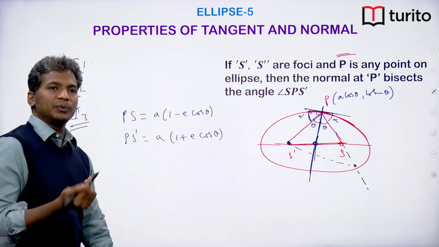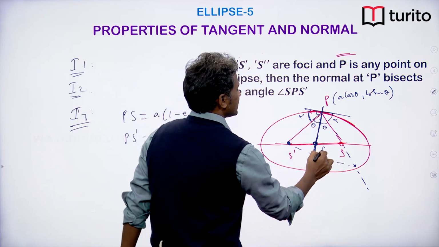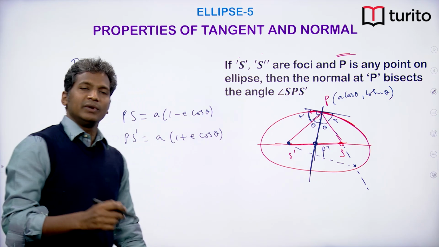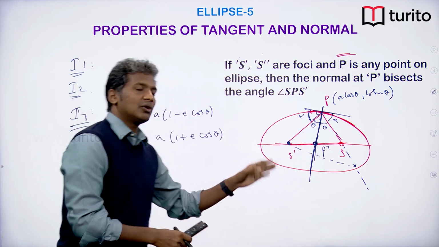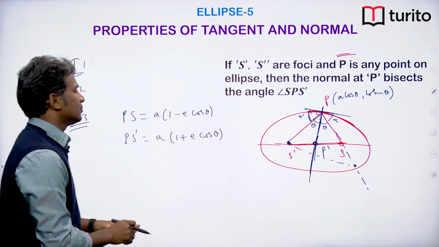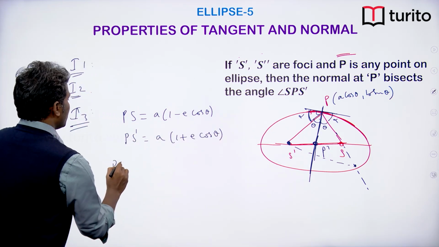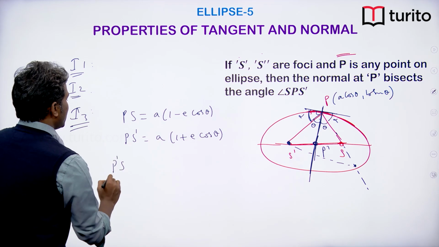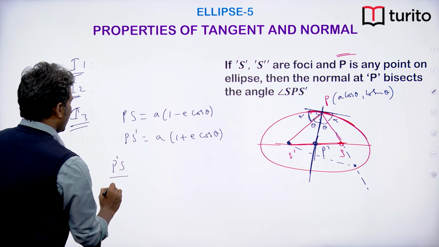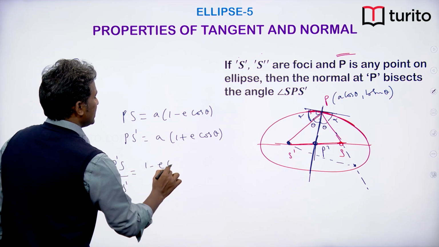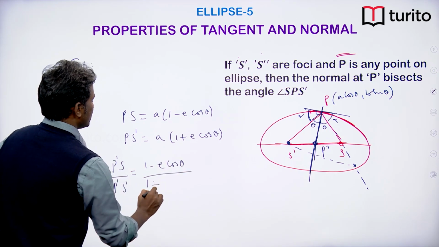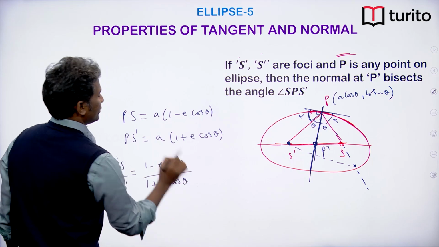Now we just have to prove that this point P dash will divide S and S dash in the ratio of the other sides. So that means we have to prove that P dash S by P dash S dash is going to be 1 minus E cos theta by 1 plus E cos theta. We just have to prove this.